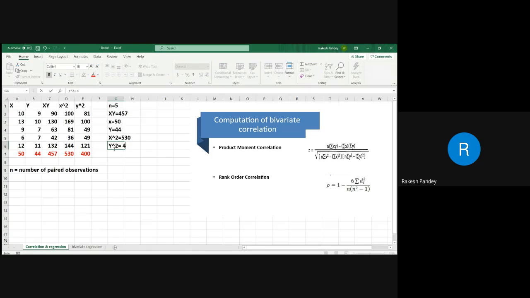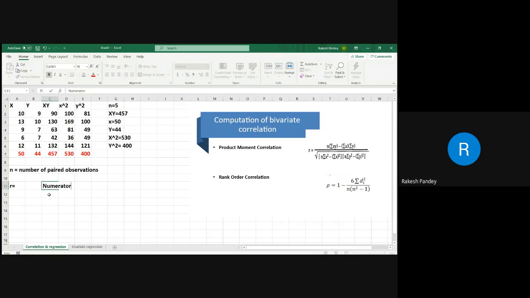Now if we put this in the formula, r is equal to, then we will do first n into summation xy. I am doing the calculation to show. First I am computing the numerator.